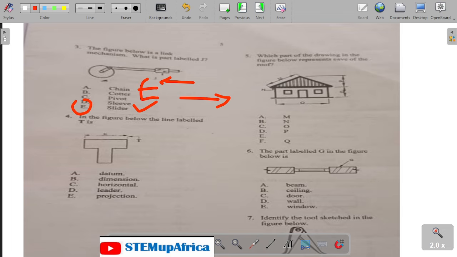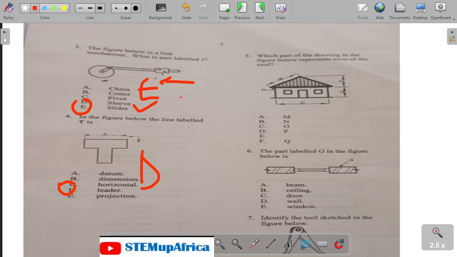Then question 4. The figure below is a line labeled T. T is what? We have a dimension like this. Here is X, so this part on this line is called, that's what they're asking, a leader, which is D. Then question 5.